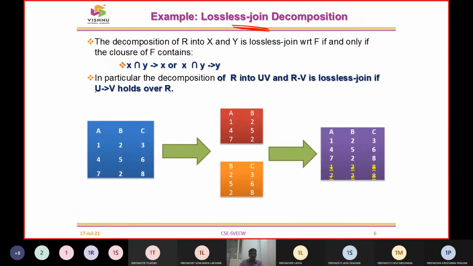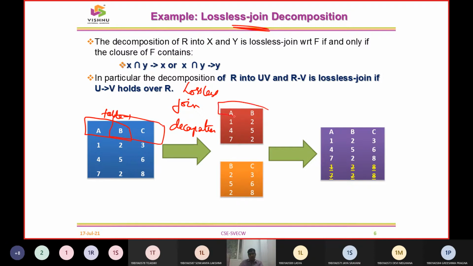Now assume that we have a table here with attributes, table 1. Now we are going to make some decomposition, that too using lossless join. Now we decompose this into A and B as one set, and again we decompose B and C as another set.